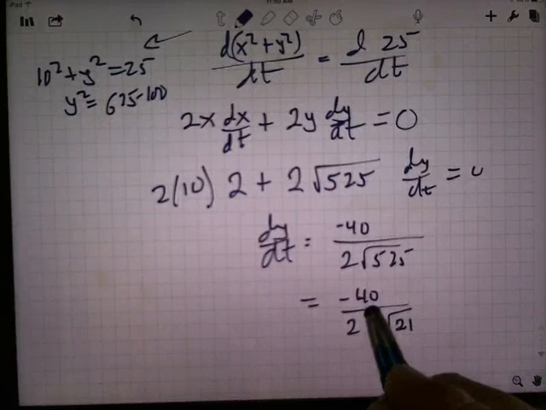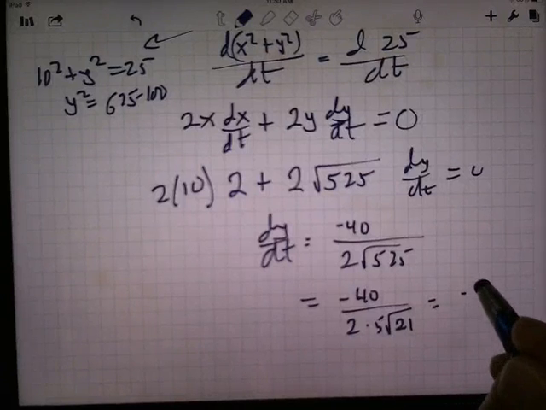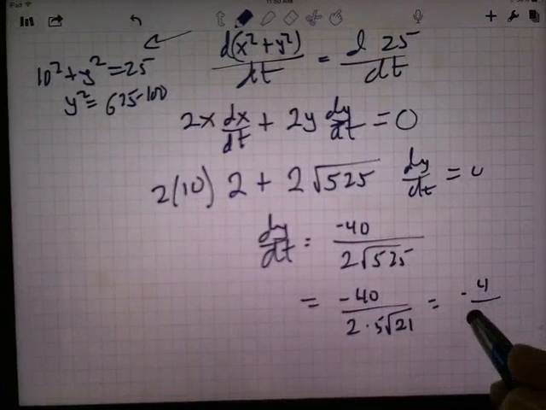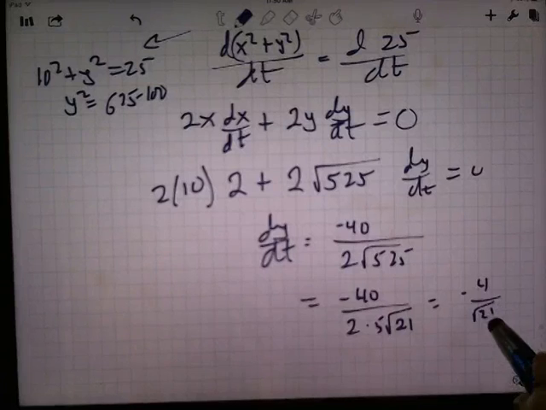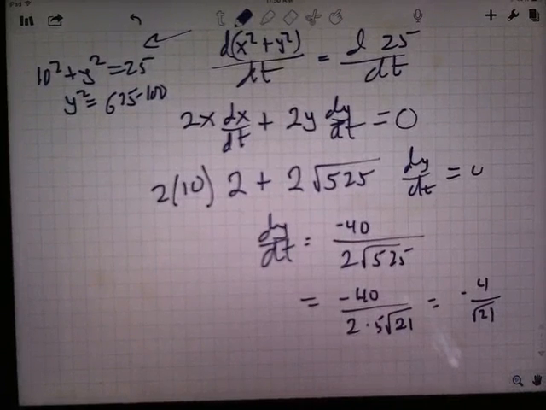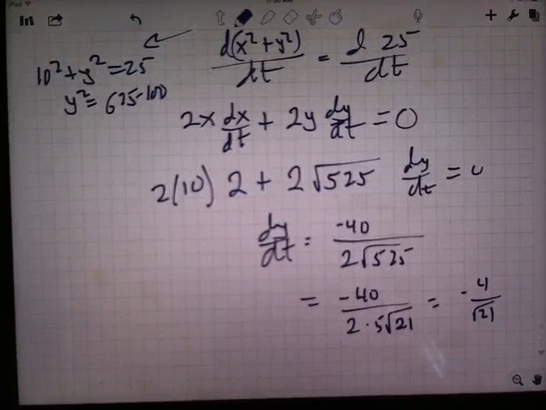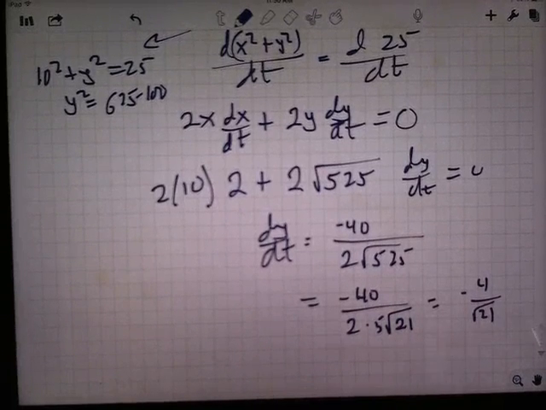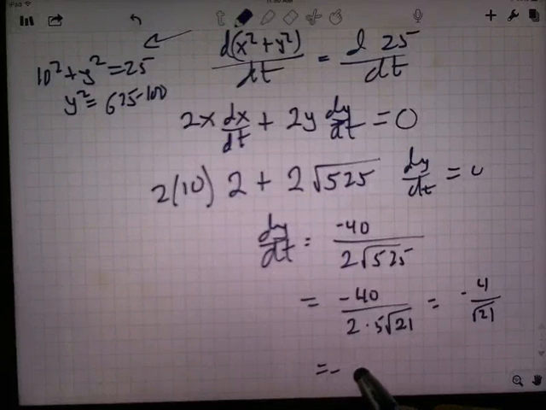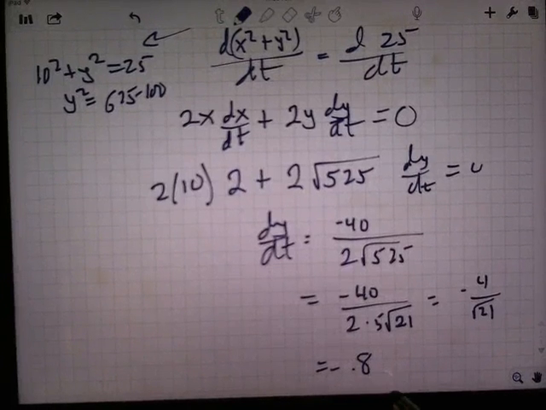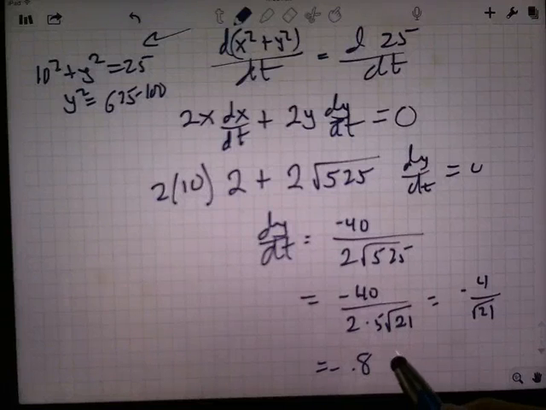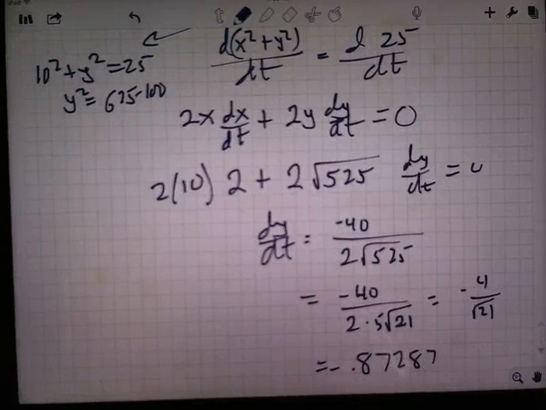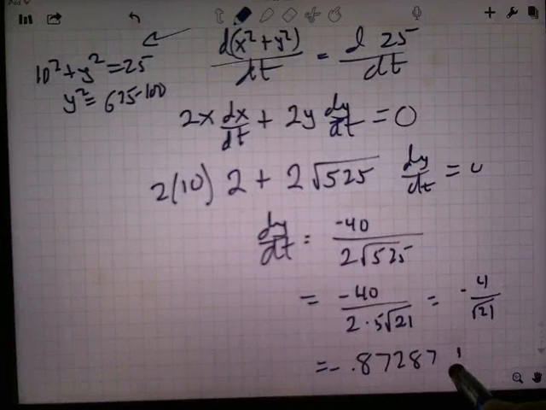The 2 times 5 is 10, which cancels into the 40, so I'm just left with negative 4 over the square root of 21, which is equal to negative 0.87287, whatever. This would be in feet per second.